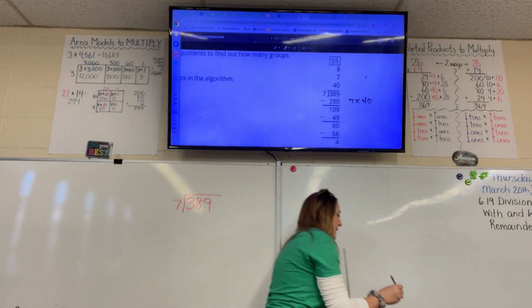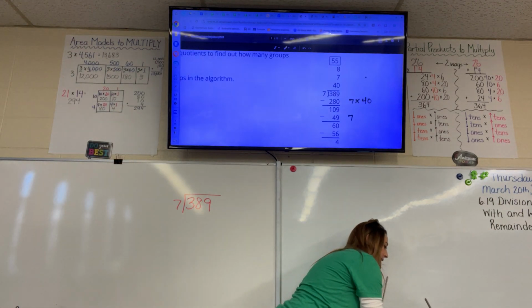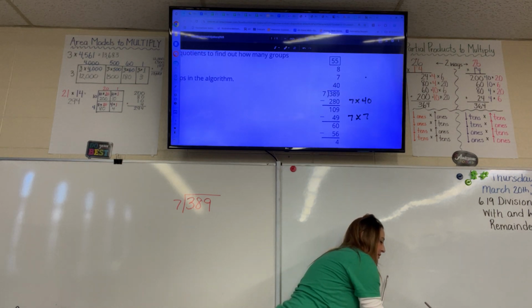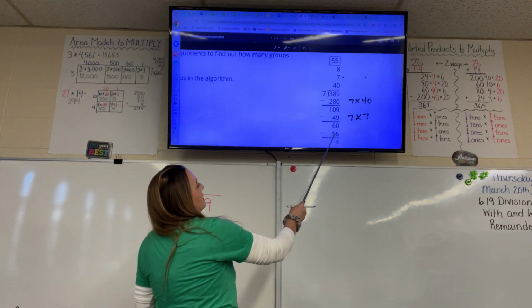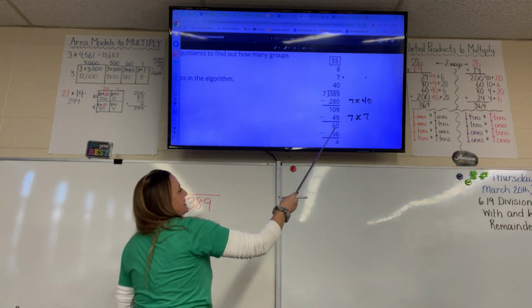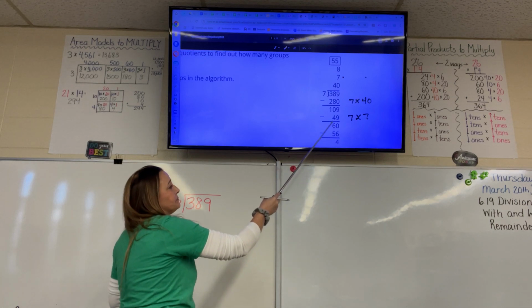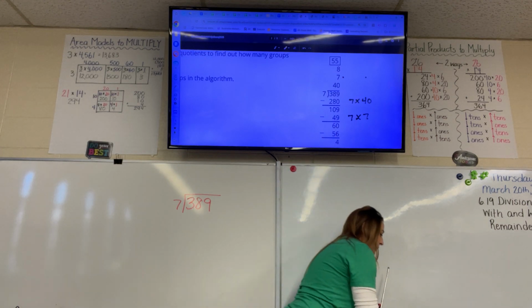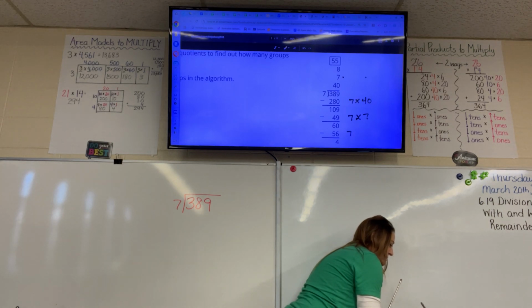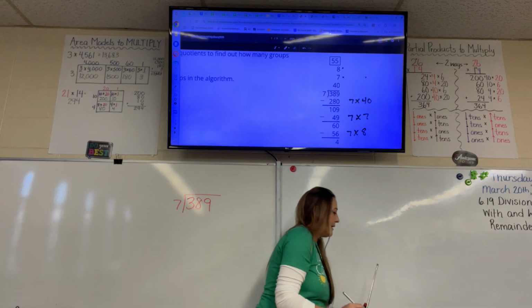What do you multiply 7 times to get 49? 7. Okay, and so then she took the 7 and put it right here. Then she was left with 60 after she subtracted. And then she took off 56. What do you multiply 7 times to get 56? 8. And then she put the 8 up here.